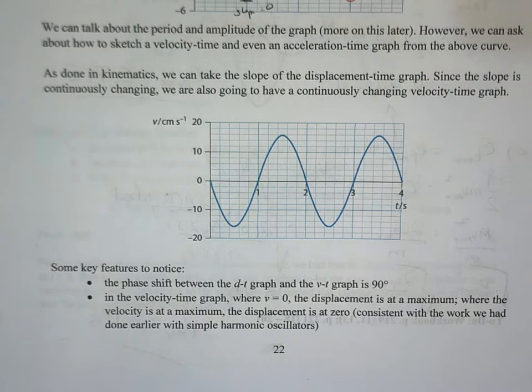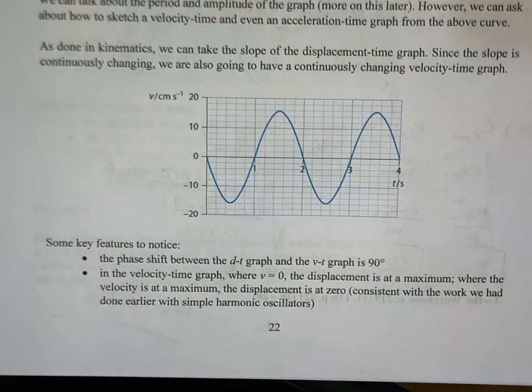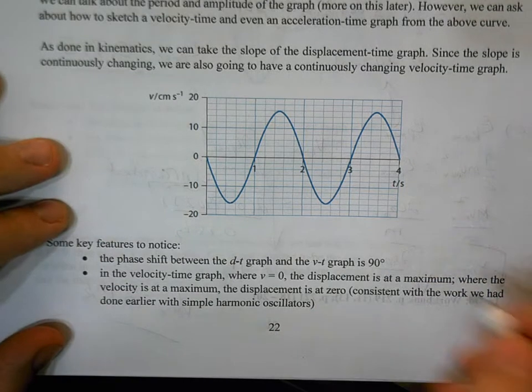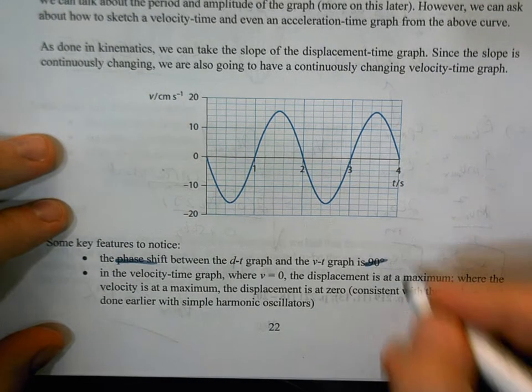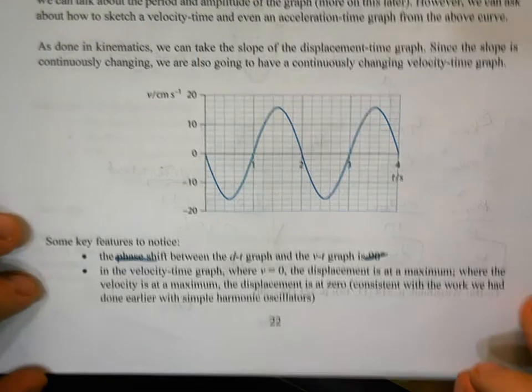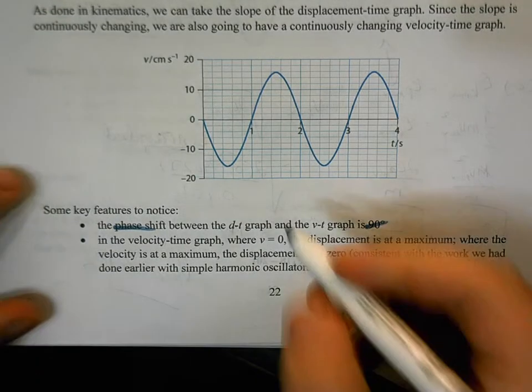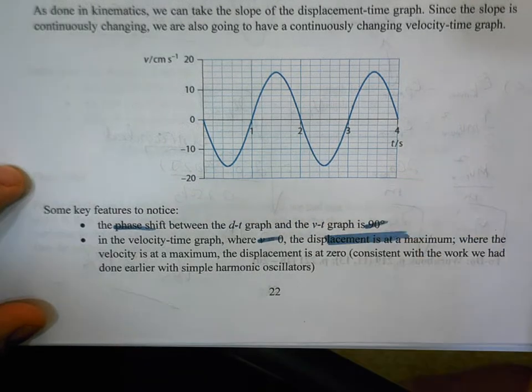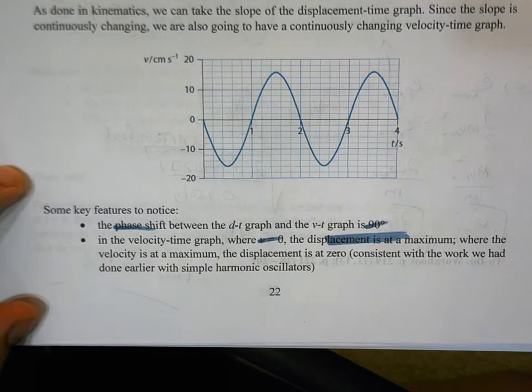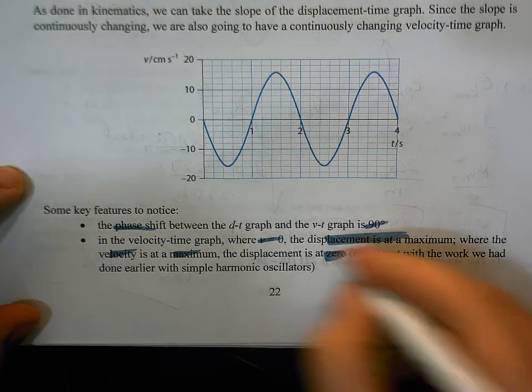That's not a coincidence. What we could actually say is that this dt graph and this vt graph have a phase shift of 90 degrees. We'll talk about what a phase shift is a little bit later. As we mentioned, on the vt graph where v is 0, we're going to have our displacement at the maximum, at the amplitude points, and where the velocity is at a maximum, the displacement is 0.